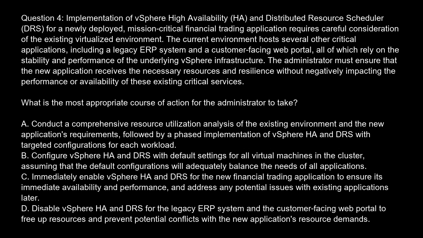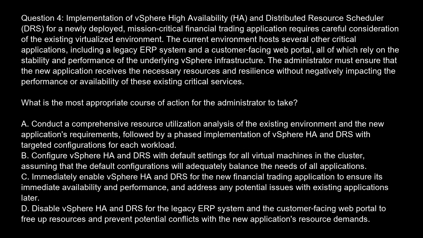Option A. Conduct a comprehensive resource utilization analysis of the existing environment and the new application's requirements, followed by a phased implementation of vSphere HA and DRS with targeted configurations for each workload. Option B. Configure vSphere HA and DRS with default settings for all virtual machines in the cluster, assuming that the default configurations will adequately balance the needs of all applications.